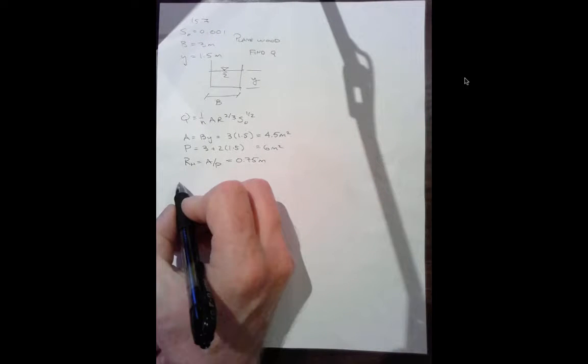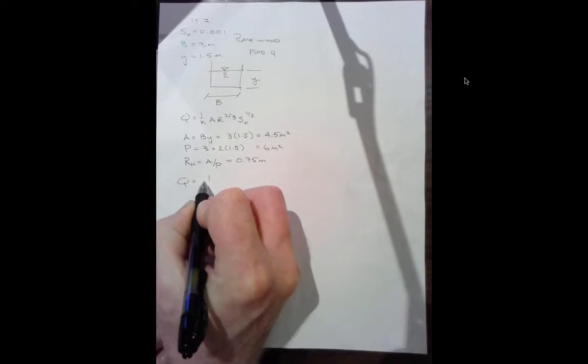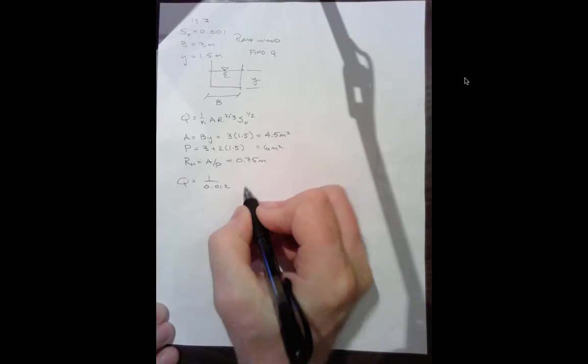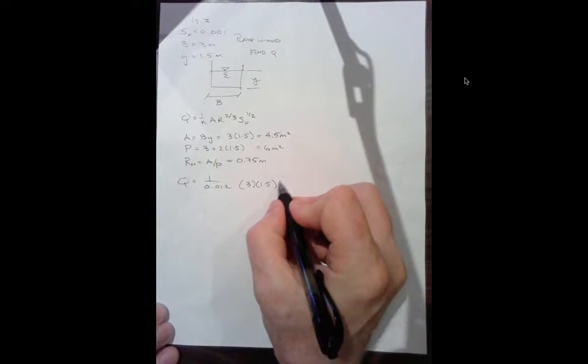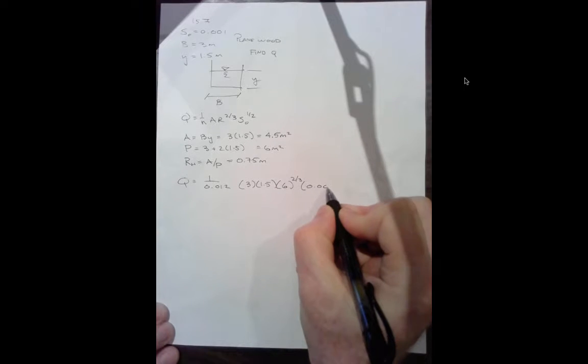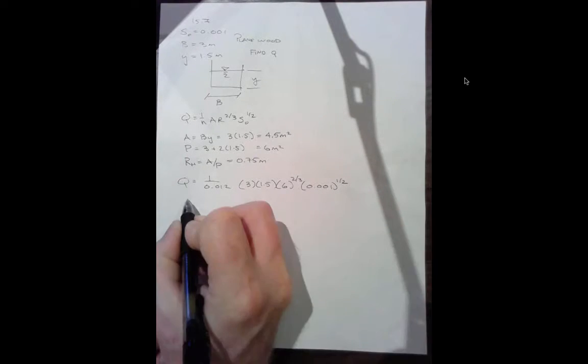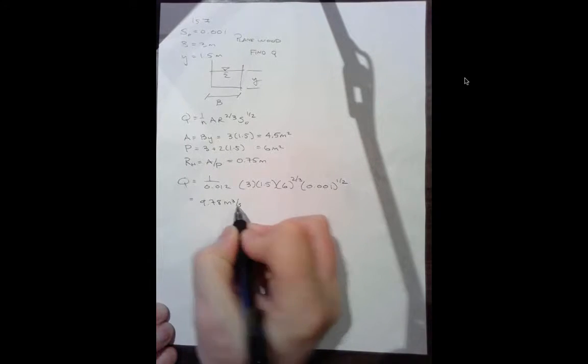And we can now calculate Q as 1 over 0.012, 3 times 1.5, which is the area, 0.75 to the 2/3 power, 0.001 to the 1/2 power, equals 9.78 meters cubed per second.